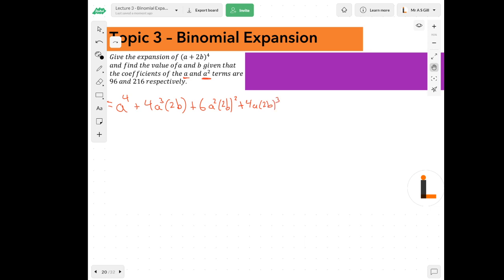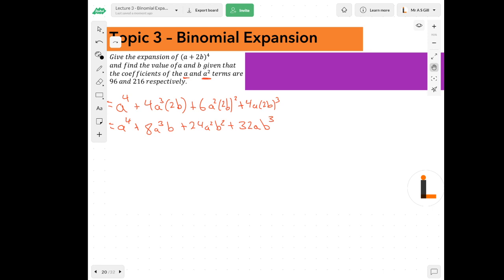And I'm not going to worry about the last term because it's not relevant for this particular question. So just tidying this up, we should get a to the 4 plus 8a cubed b plus 24a squared b squared plus 32ab cubed.